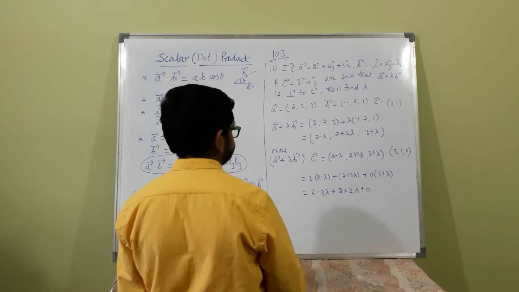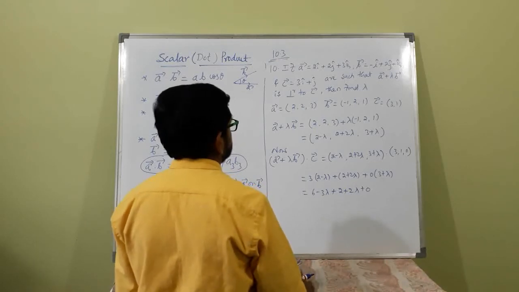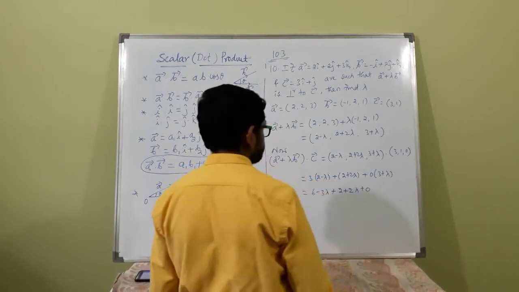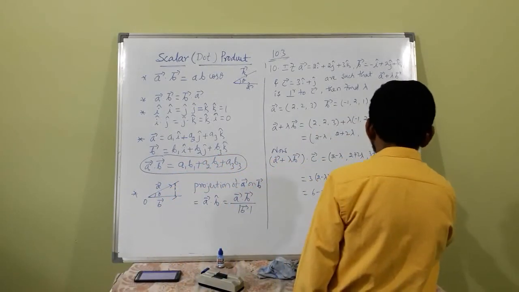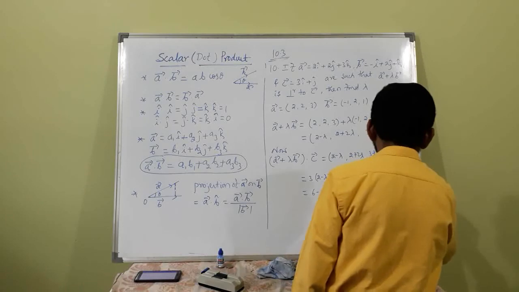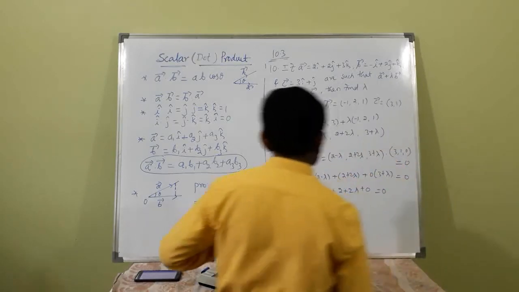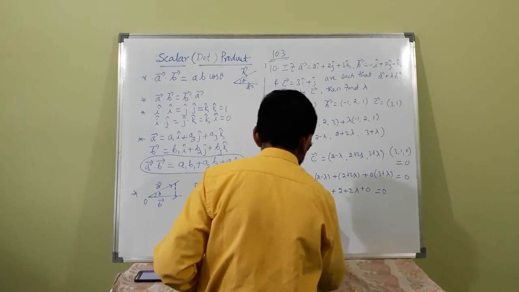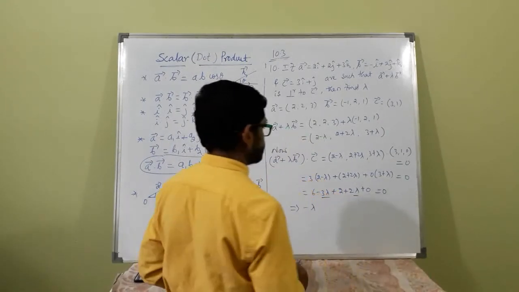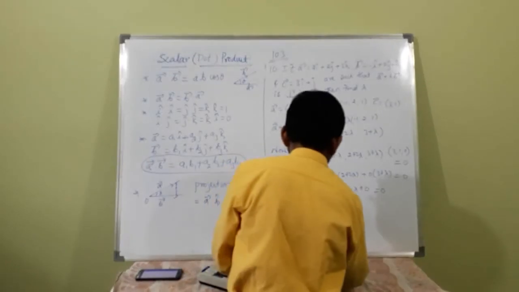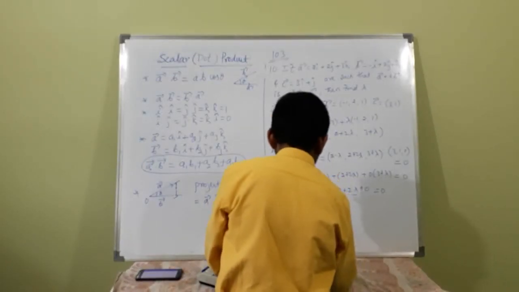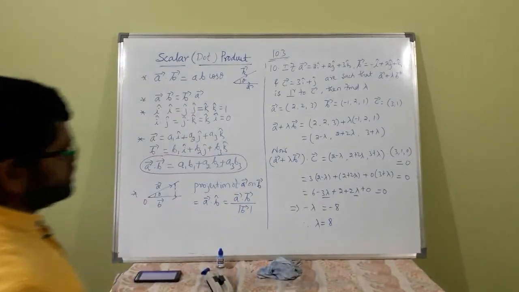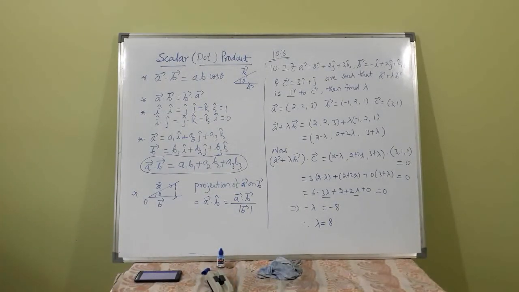That means such that they are perpendicular. This perpendicular means this will be 0. Then minus lambda plus 8 is equal to 0. Therefore, lambda is equal to 8. Isn't it?